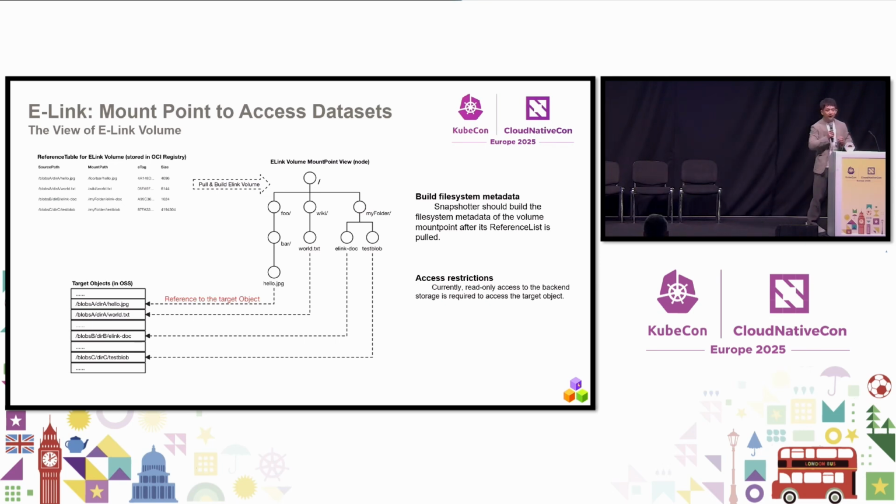The snapshotter should create a file entry at the relative path of the mount point according to the mount path field, and this file entry actually points to its source path. Please note that access permission is required here because the registry may not have the access permission for all the remote objects. So additional authorization may be needed.